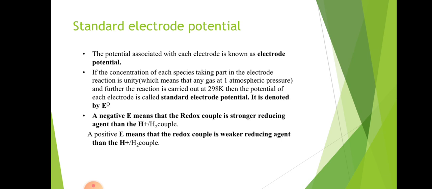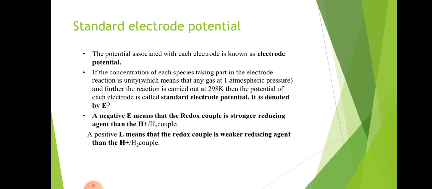Then what is the significance of E0? A negative E0 means that the redox couple is a stronger reducing agent than the hydrogen couple, and a positive E0 means that the redox couple is a weaker reducing agent than the hydrogen couple.